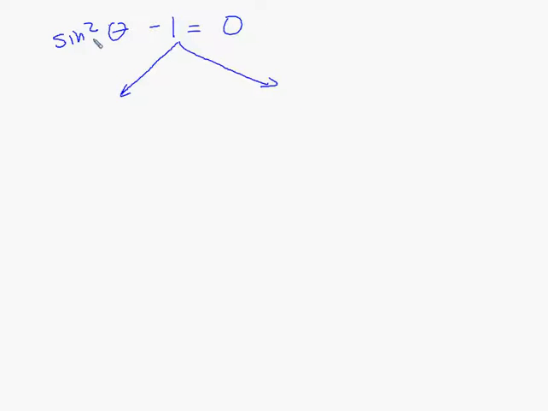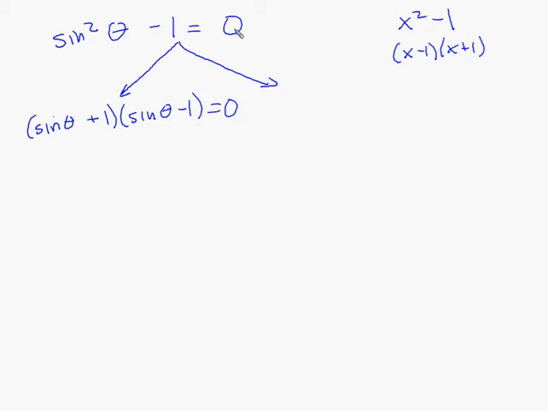I like this first way. I see that I can factor it. If I had x squared minus 1, I could factor that to x minus 1 times x plus 1. So I could factor this and get sine of theta plus 1 and sine of theta minus 1 equals 0. Now this is only going to work if we have a 0 over there. So we do need to use the 0 property.